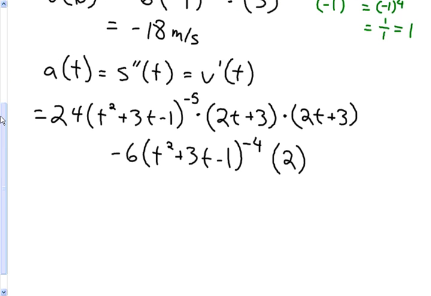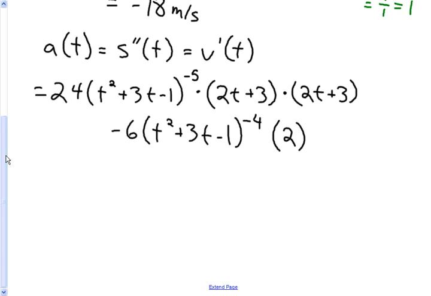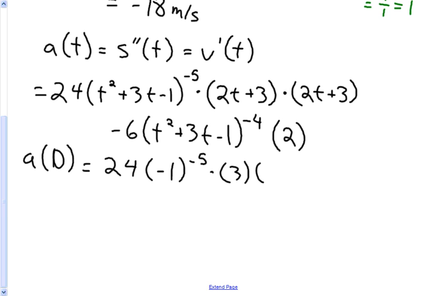And from here, again, I'm going to evaluate this at t equals 0 because I want the initial acceleration. So I've got 24 times negative 1 to the negative 5 times 3 times 3 from these two terms, and from this I'm going to subtract 6 times negative 1 to the negative 4 times 2.